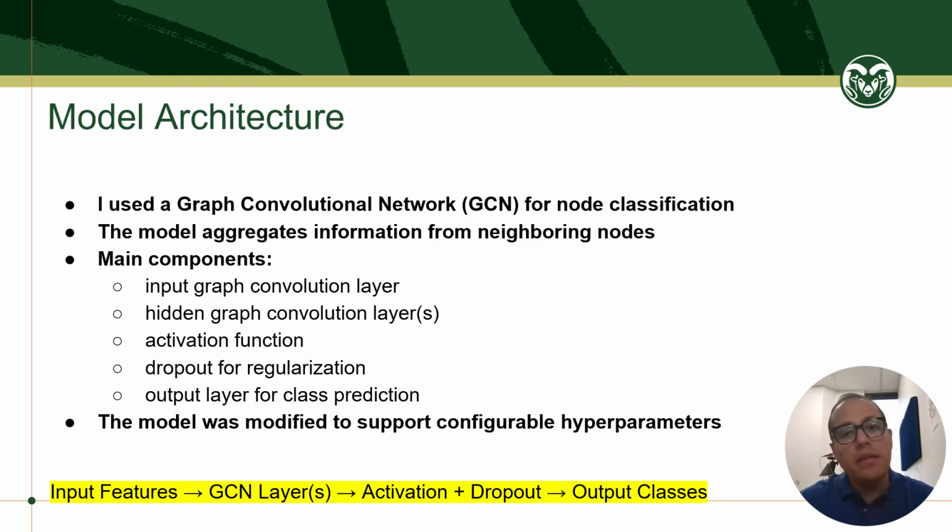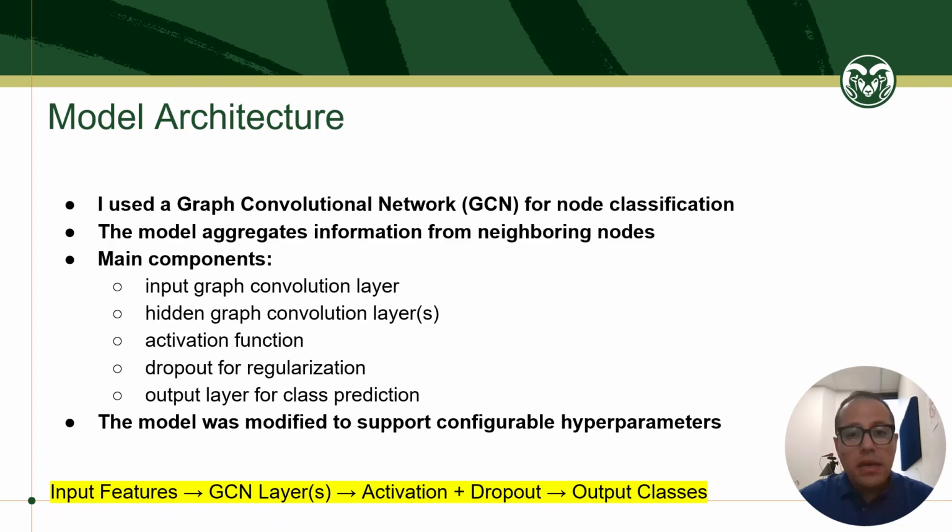This gave me the ability to study how the model depth, representation size, regularization, and optimization settings influence the learning process. Then I compared the different configurations using training loss, validation accuracy, and test accuracy as the main evaluation metrics.